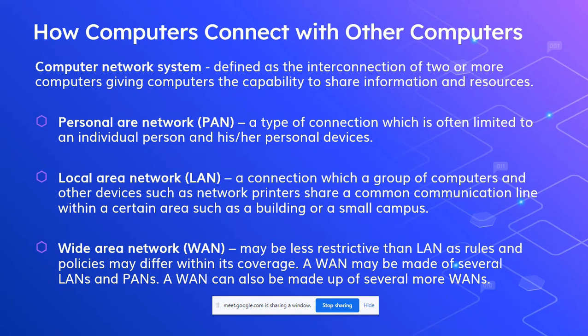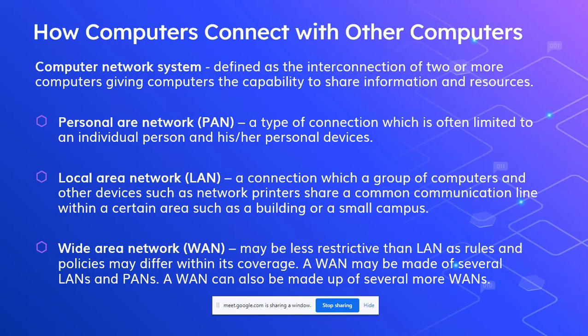So kapag pinalawak pa natin 'yon, this is what we call now our wide area network, which is defined maybe less restrictive than LAN, as rules and policies may differ within its coverage. Since sa word niya nga is much wider, wide area network, mas malaking area na kung saan mas maraming computers ang pwede makapag-interchange ng information sa bawat isa.